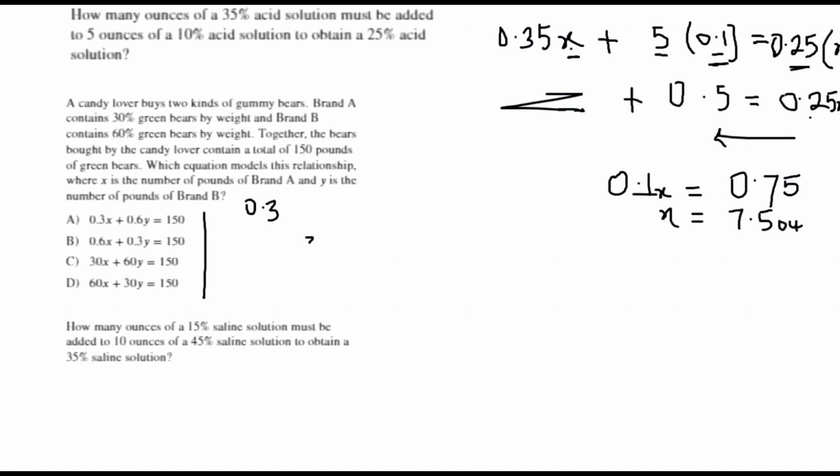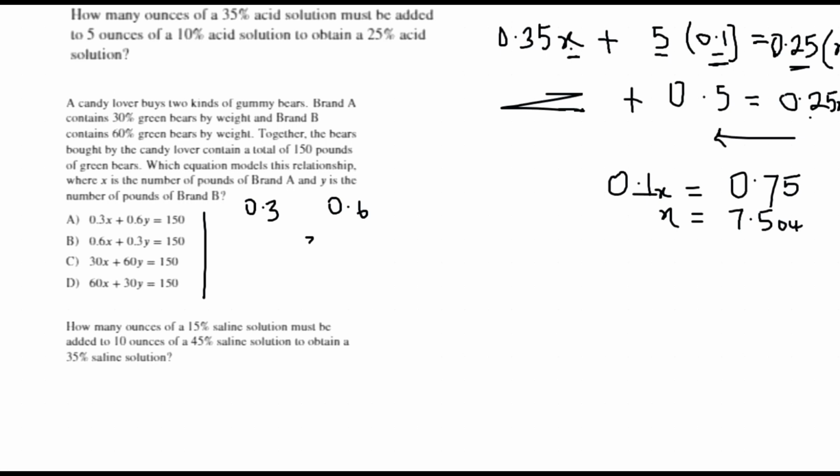Together, the bears bought by the candy lover contain a total of 150 pounds of green bears. So when you multiply each of these by the corresponding amounts that we bought and add everything, that should give us the total weight, 150 pounds.